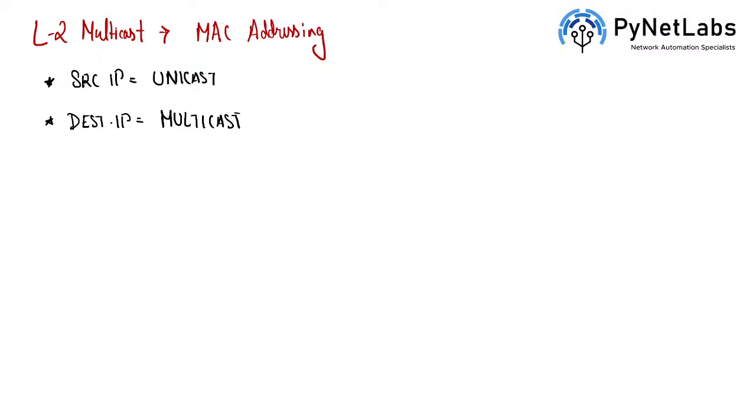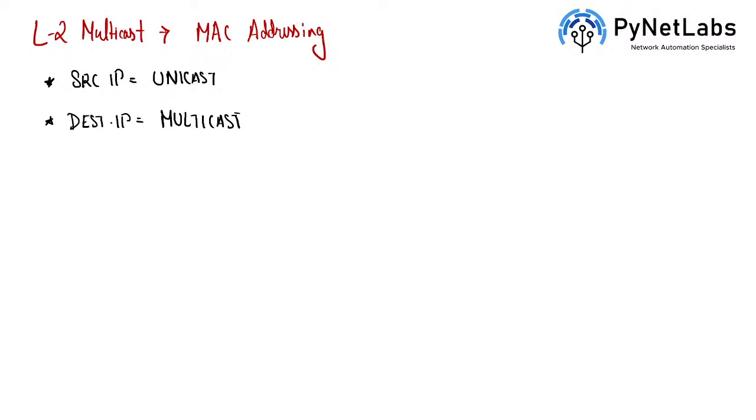Basically a method was required to send the multicast packet in the IP network, so that the replication of multicast traffic did not require packet manipulation, and there would be no burden on the routing protocols as well. So there was a method which uses a common destination MAC address.